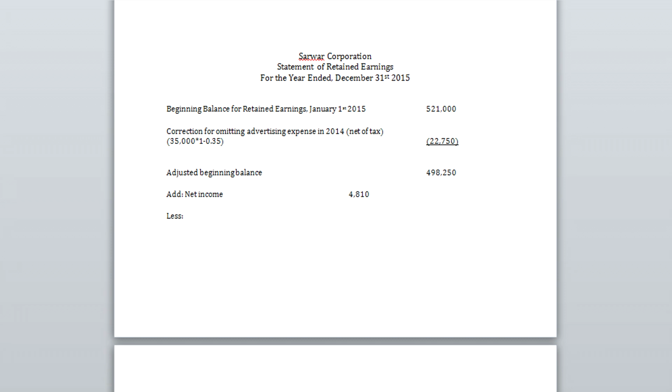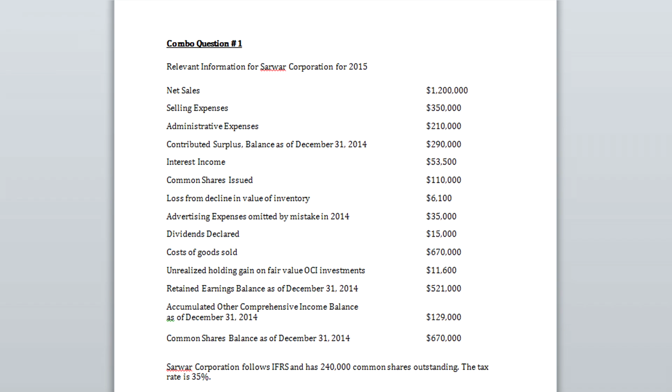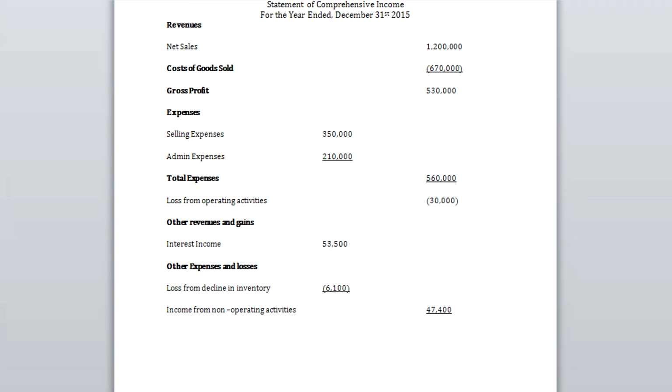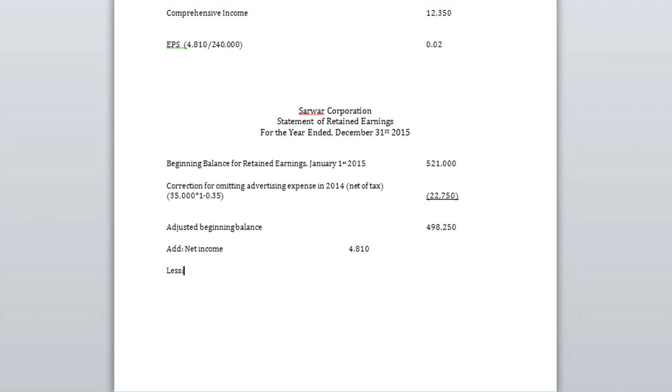$4,810. And then the next step is to subtract any dividends paid or declared during the year. So that's where dividends declared comes into play, of $15,000. And don't worry, this doesn't have to be reported net of tax at all. So less dividends declared, and it is $15,000.